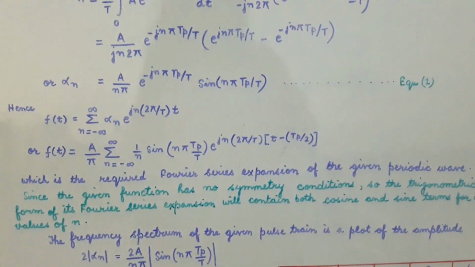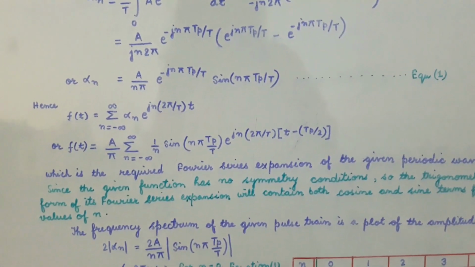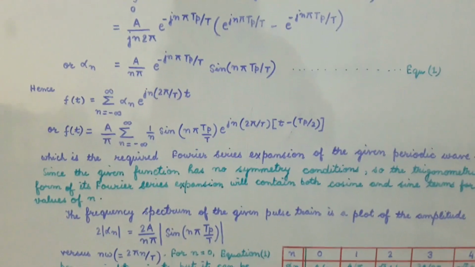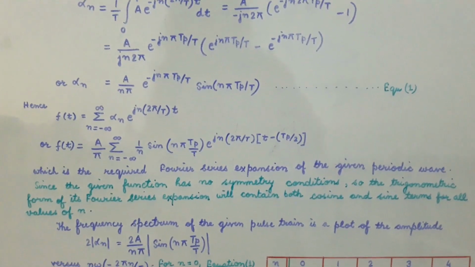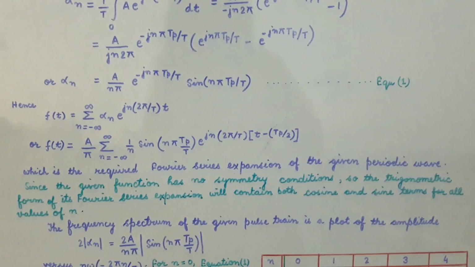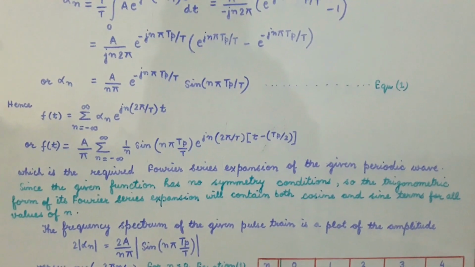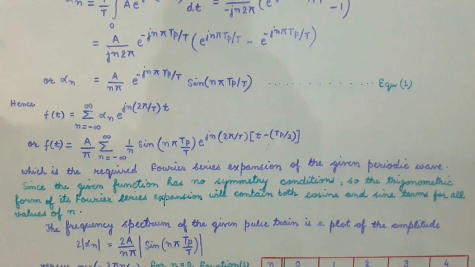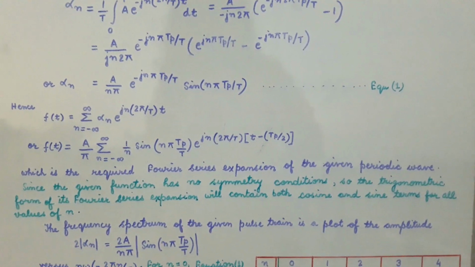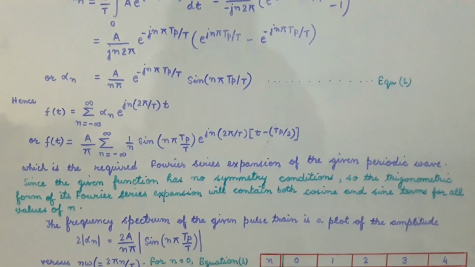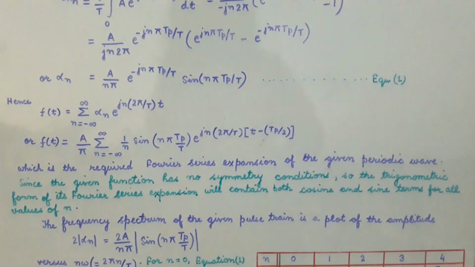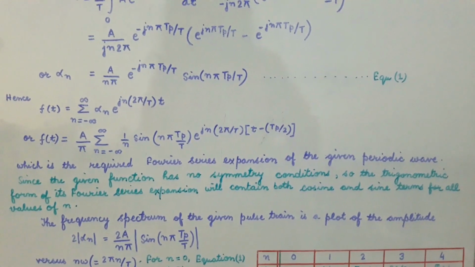Also, we find that the given function has no symmetry conditions, so the trigonometric form of its Fourier series expansion will contain both the cosine and sine terms for all values of n.